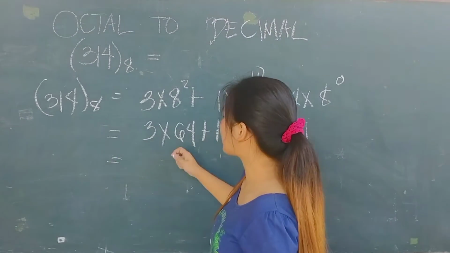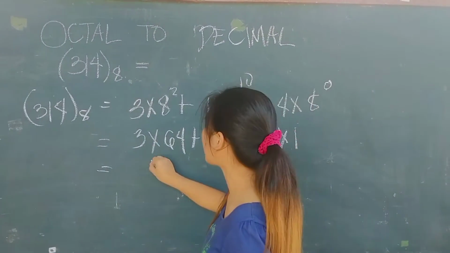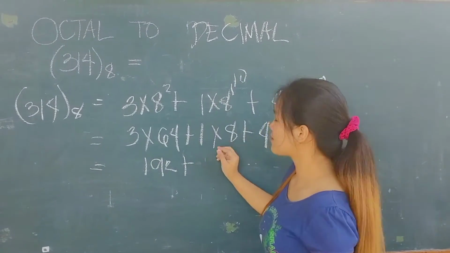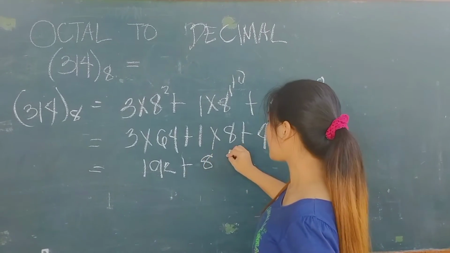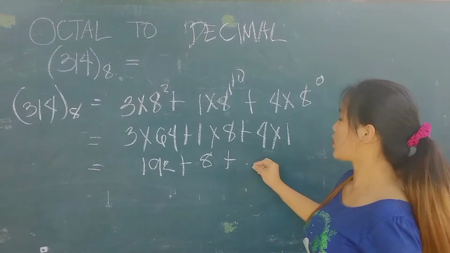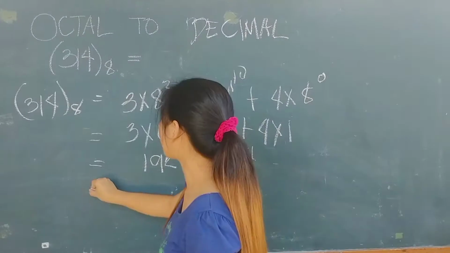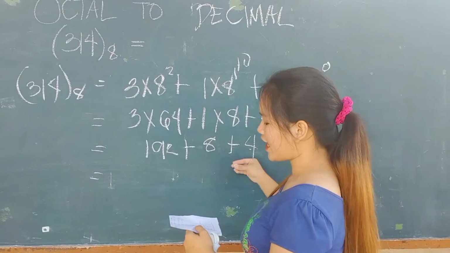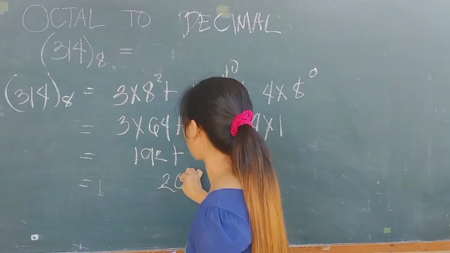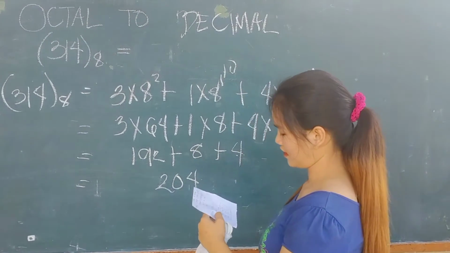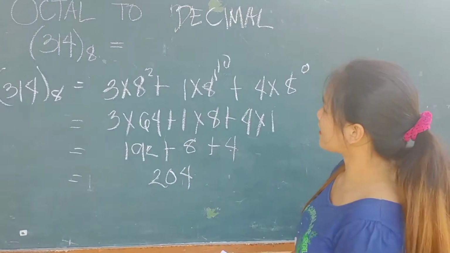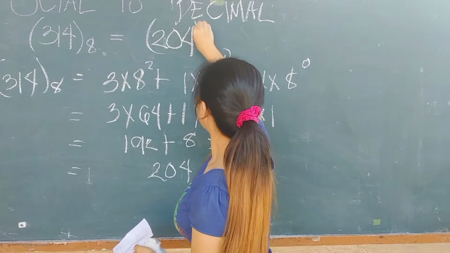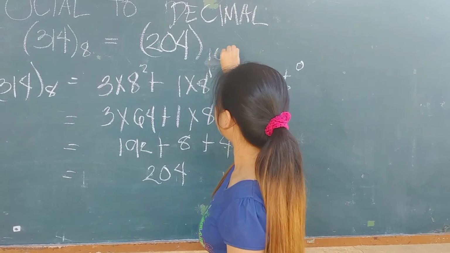So 64 times 3 is equal to 192, plus 8, plus 4 times 1 is equal to 4. So 192 plus 8 plus 4 is equal to 204. So the answer is 204 with a base of 10.